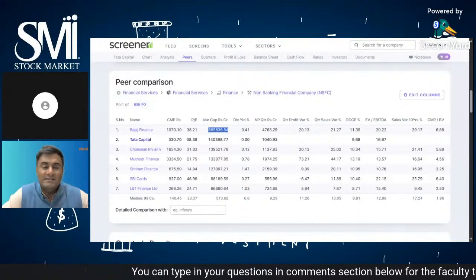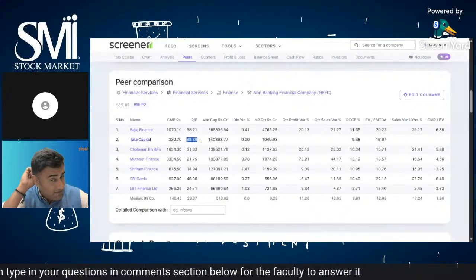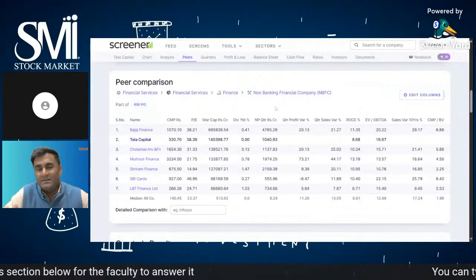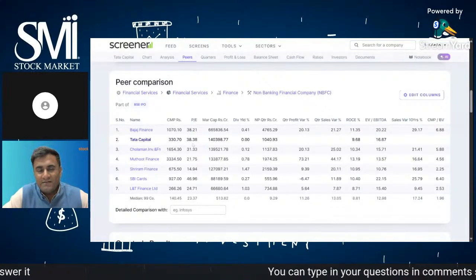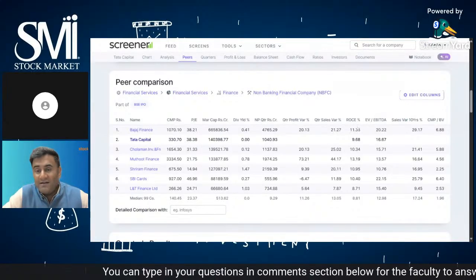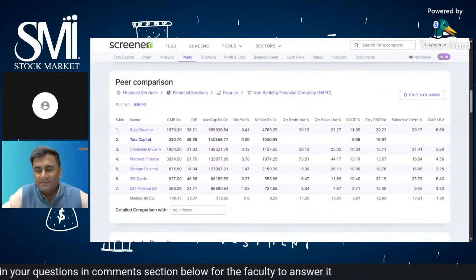Price to earnings is a widely misinterpreted indicator, friends. In this case, price to earnings, ideally it is lower the better. So even in that comparison front, Chola is having the upper hand, and return on capital employed wise as well, Chola is having the upper hand.